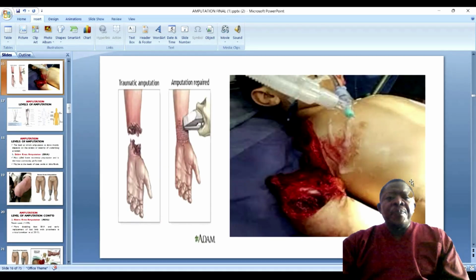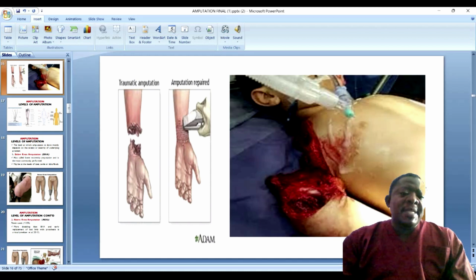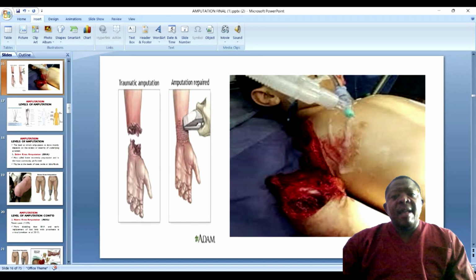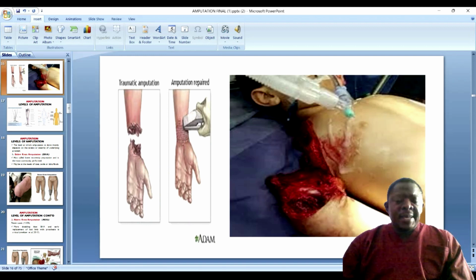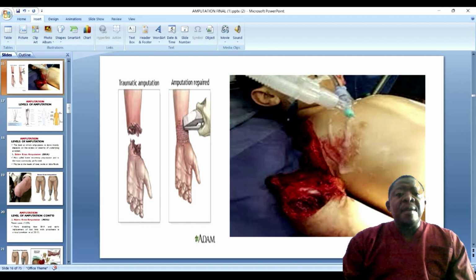So we have a traumatic amputation there, and the traumatic amputation after repair. Accidents may result in traumatic amputation and they can be repaired.